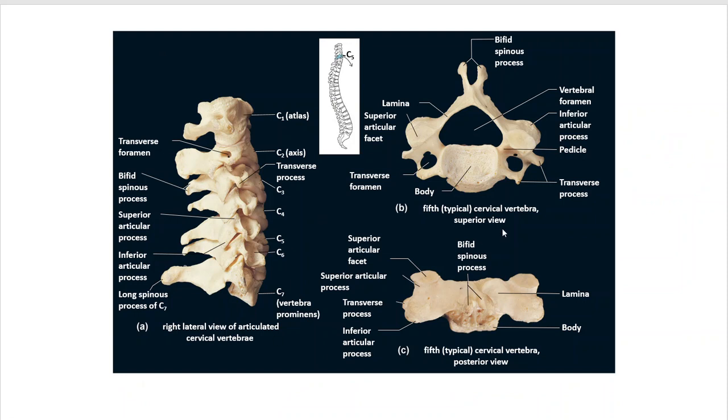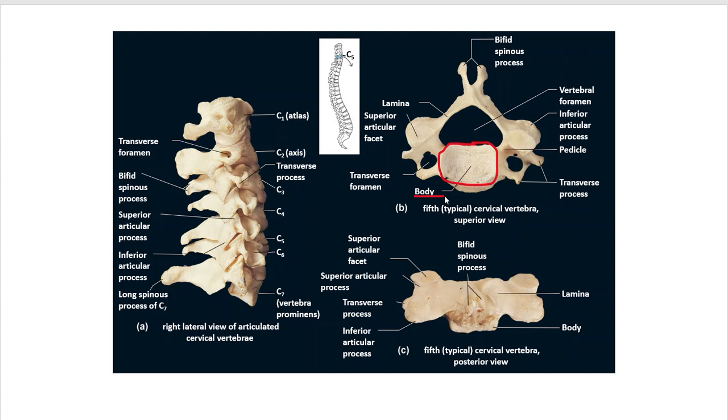Looking at our cervical vertebrae, now we can start talking about some of the pieces of this. This is the part that has the disc in between them. Those are just called the body of the vertebrae. Obviously, C1 has no body at all.